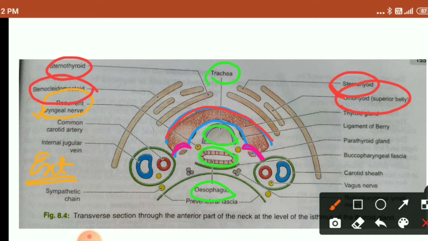So these are the four muscles we discuss in relation to the lateral surface of the thyroid gland: sternohyoid, superior belly of omohyoid, sternothyroid, and sternocleidomastoid.